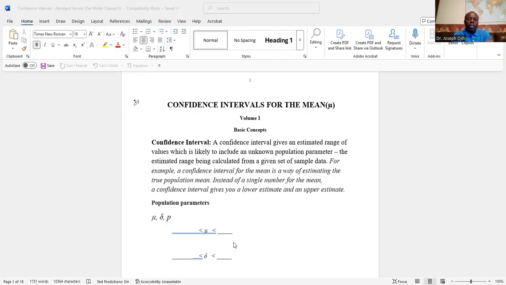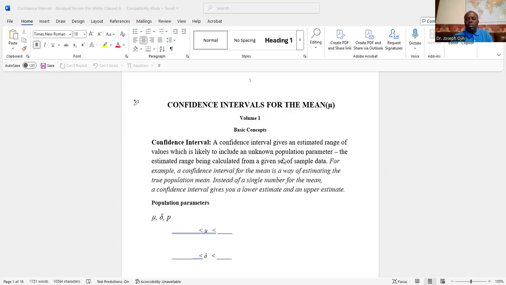Instead of using a single value, we use a range. When I say population parameter, sometimes students look at me as if I'm something that just fell from the moon. But actually, it means a number that describes a population's characteristics.